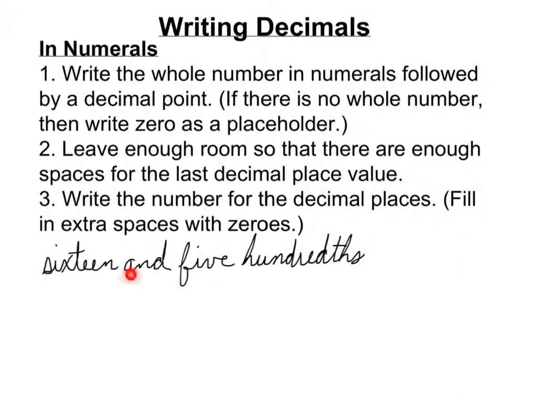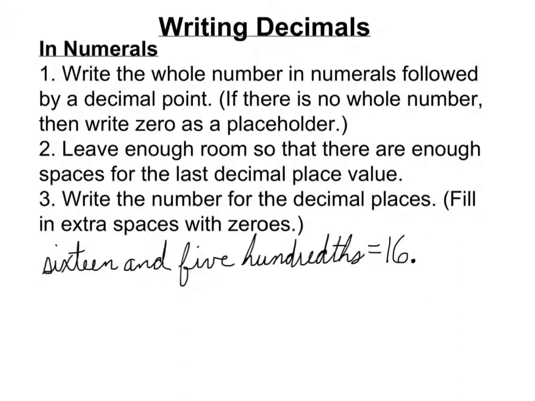Well, I have the word AND here, so that means this is my whole number and this is my decimal number. So I'm going to write the whole number in numerals, followed by a decimal point. So I'm going to take my 16 then, and write it in numerals. Which I'll do out here. So 16, followed by a decimal point.